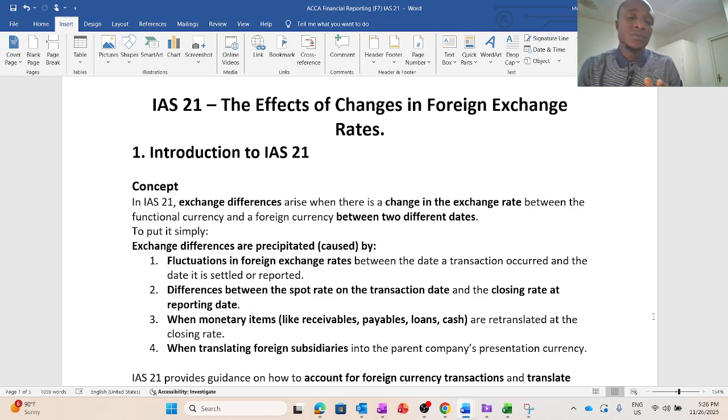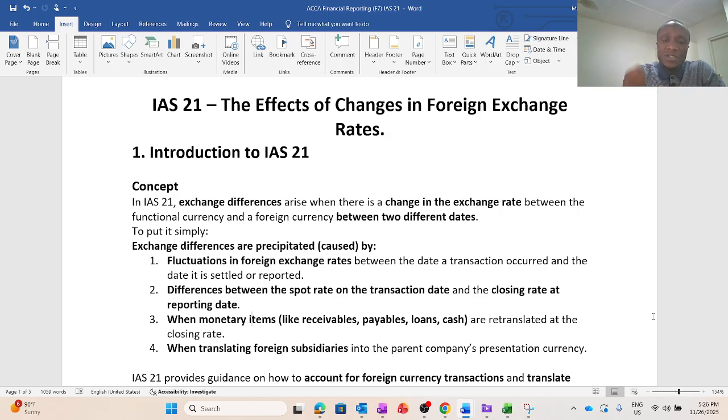Now, for example, a company wants to purchase goods from a supplier. The functional currency of the company is leones, and the functional currency of the supplier is dollar. So now we have two different currencies: the functional currency of the company, which is leones, and the foreign currency, which is the supplier's dollar.